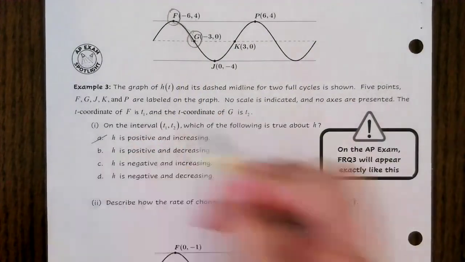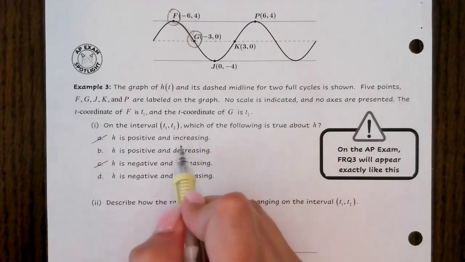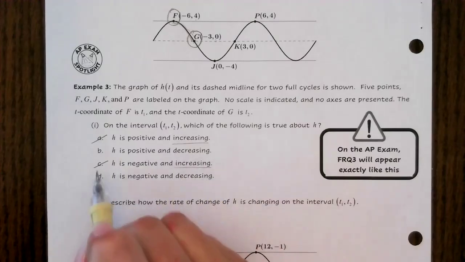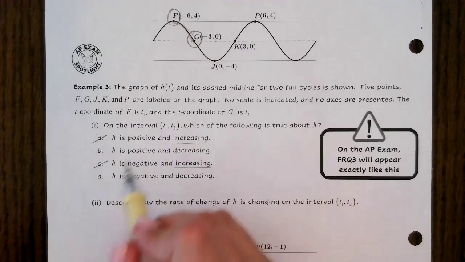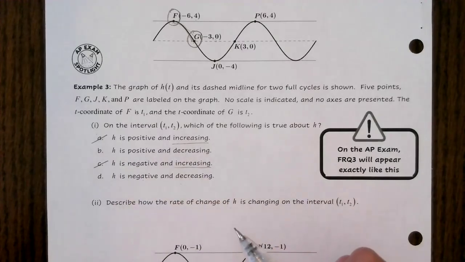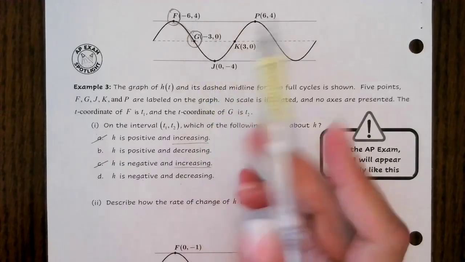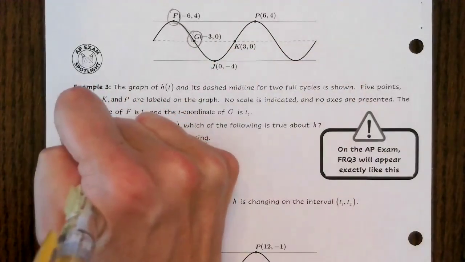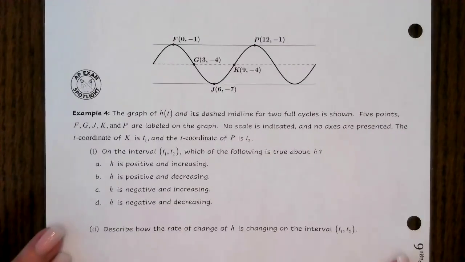So I know it is not increasing, so I can knock both of these out. This says increasing, this says increasing, so I take those out. So it's got to be one of these two right here. My two choices is positive or negative. This is from 0 to 4, so that would be positive, so B would be the correct answer. All right, let's try another one here.